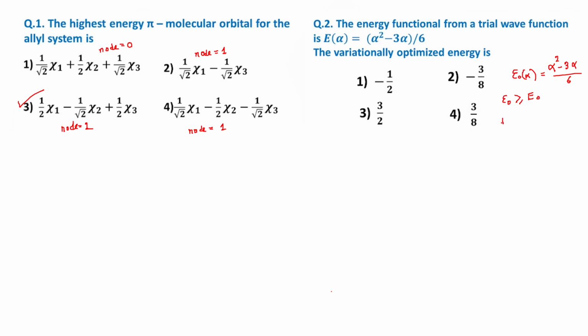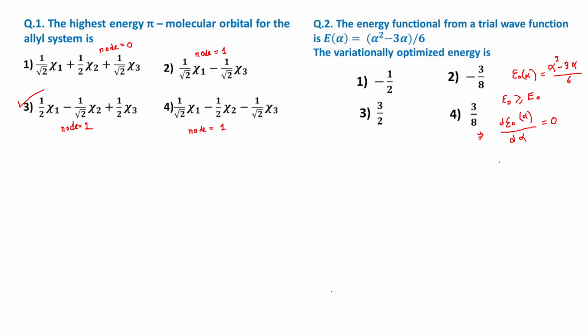So we take the derivative of this functional with respect to the variational parameter, that is alpha here, and we make this 0. What does this mean? d of d alpha of the energy functional defines the slope of this energy functional, right? And when the slope is zero, it means there is a break in the slope, right?